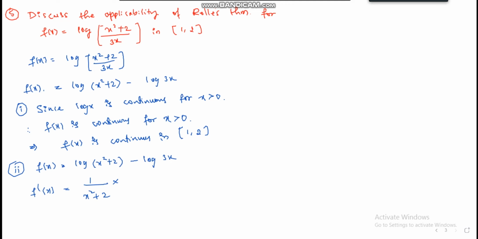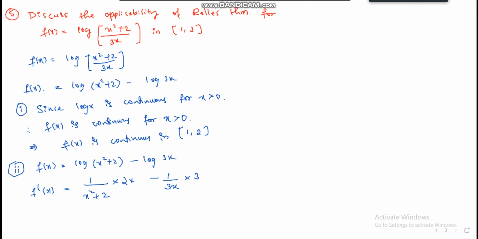Then minus 1 by 3x multiplied by d/dx of 3x, which is 3. Now we simplify.